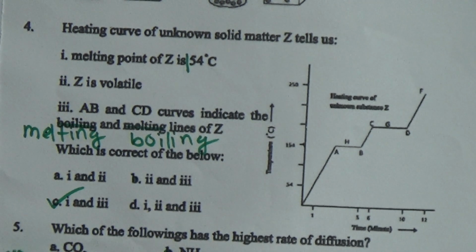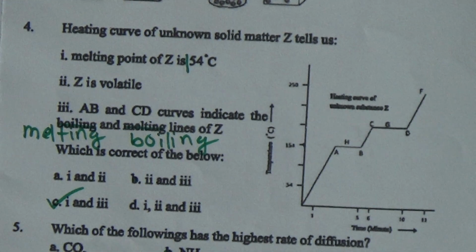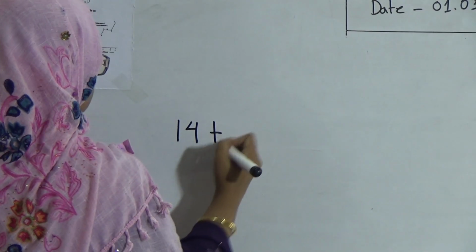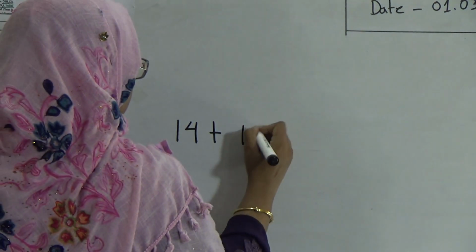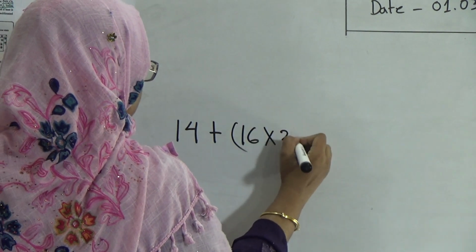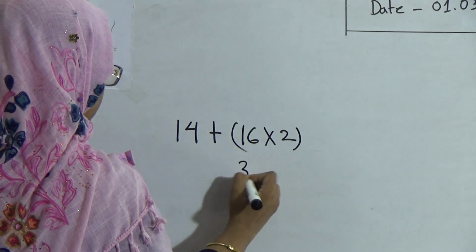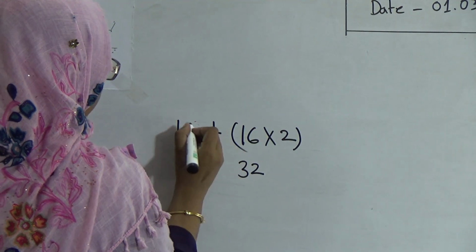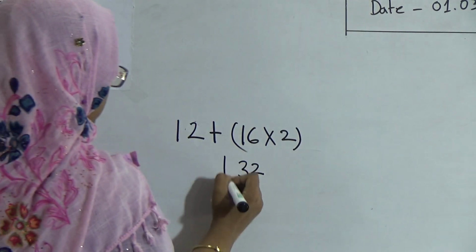Now comes to 5. Which of the following has the highest rate of diffusion? For calculating the diffusion rate, we can use carbon dioxide. Carbon mass is 12, sorry, carbon is 12, and oxygen mass is 16. Here 2 oxygen, so it will be 32.